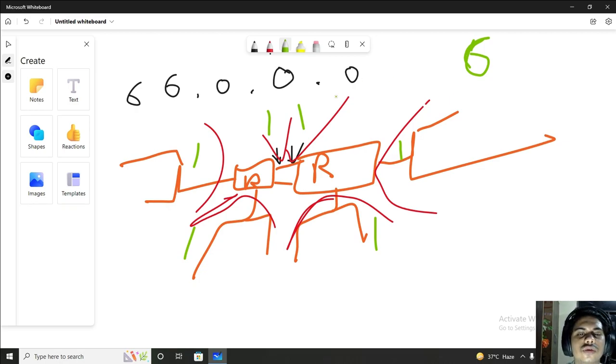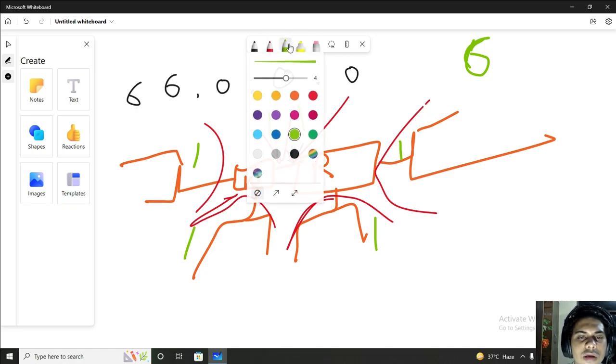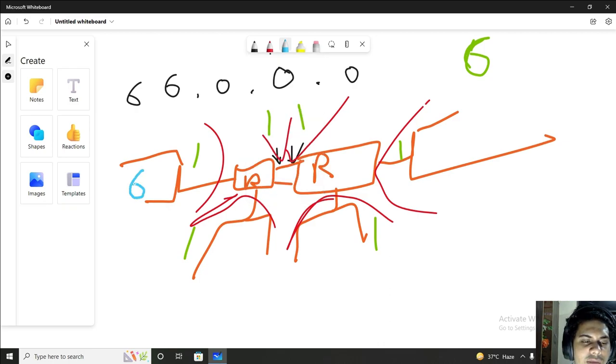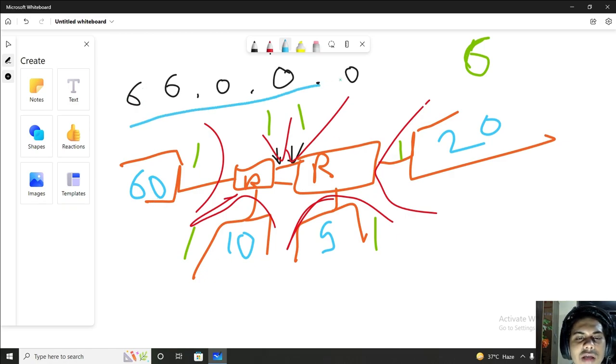Let me write with this aqua color. Say you need 60 computers here, 10 computers here, 5 computers here, and let's say 20 computers here. These are the computers you want, and you only have this one IP address.